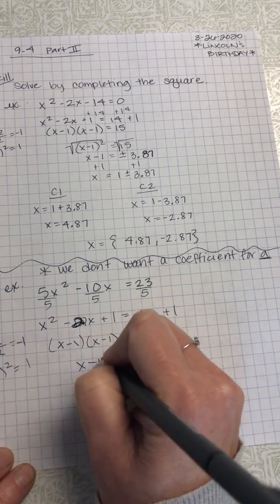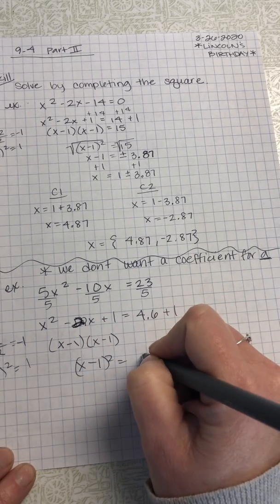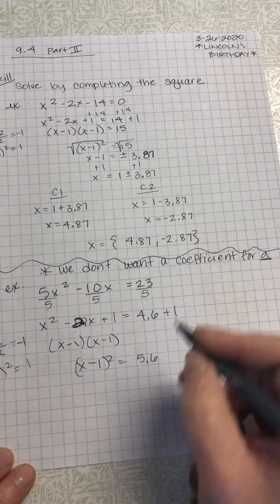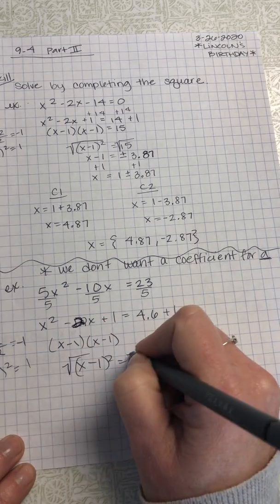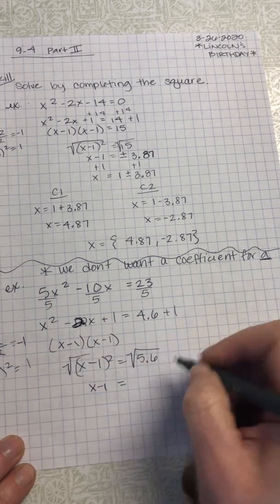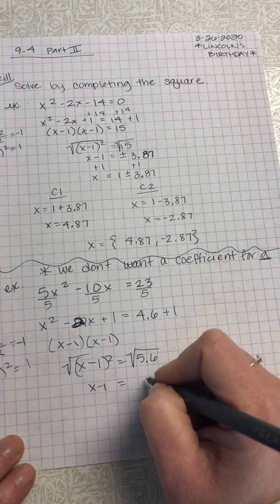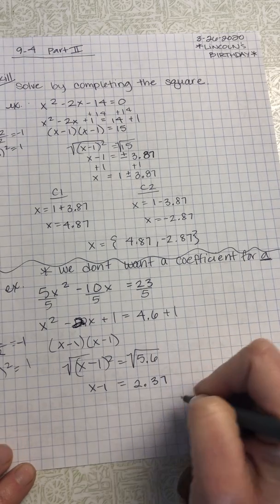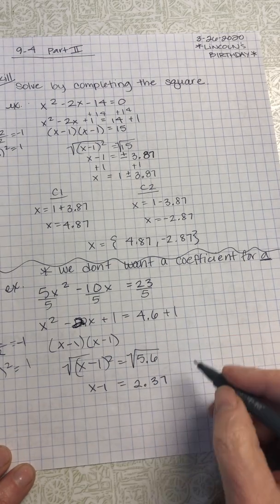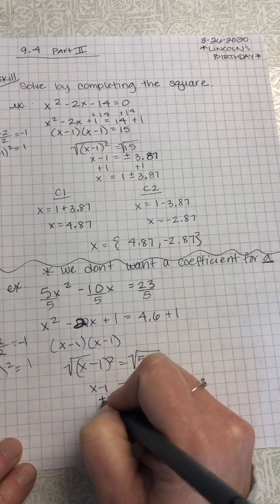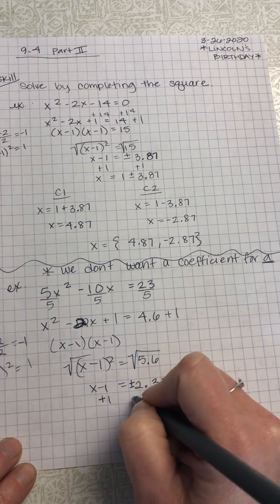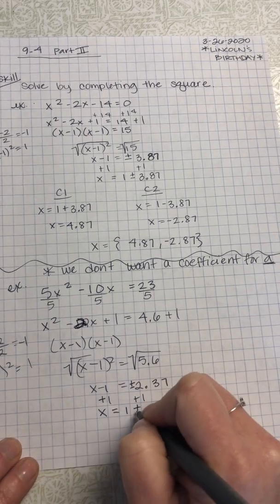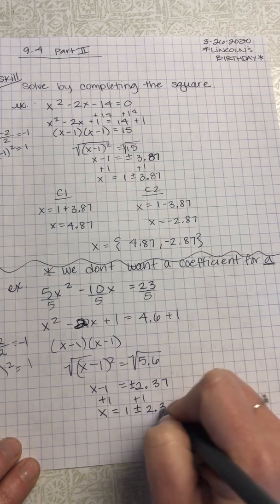When we simplify, we have x minus 1 squared and 5.6 on the right. When we square root it, we get x minus 1 and 2.37 rounded. So we get x is equal to 1 plus or minus 2.37.